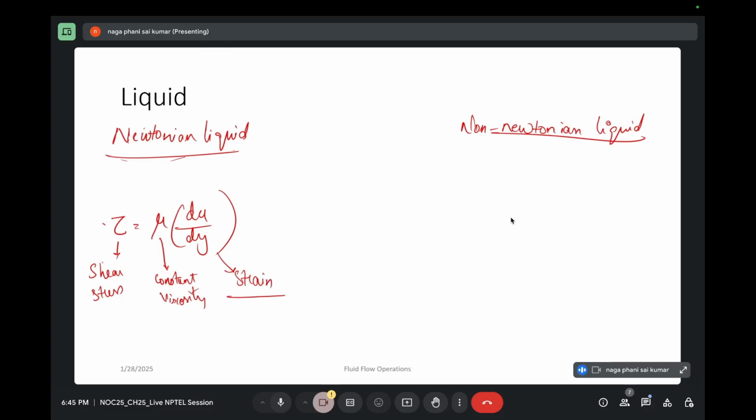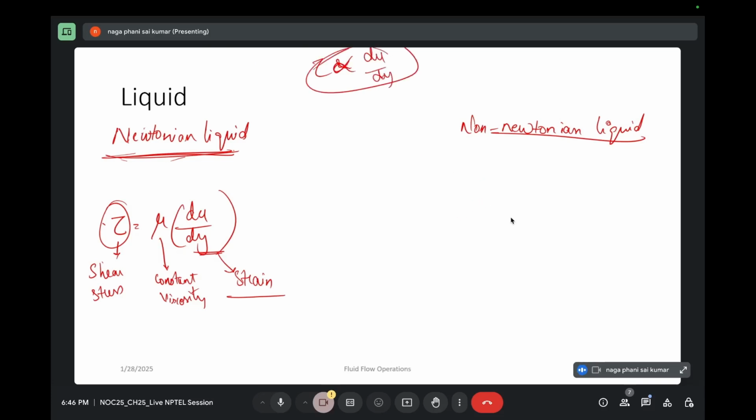So if the shear stress is proportional to the strain caused in the fluid, then it can be considered a Newtonian fluid. In the non-Newtonian case, tau will not be proportional to strain, to du by dy.